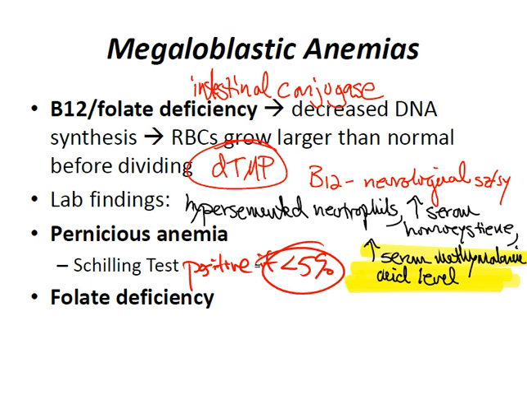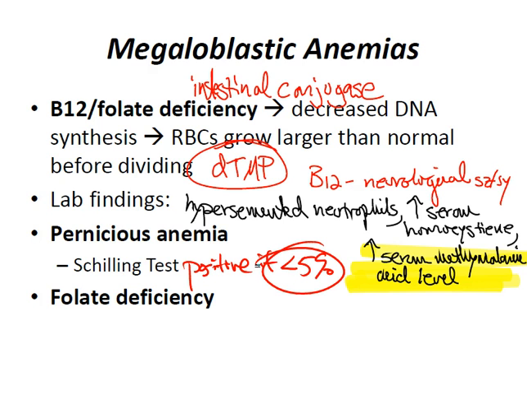Now the Schilling's test part 2, you perform if part 1 is positive. You give oral intrinsic factor plus labeled B12, followed by an intramuscular injection of non-labeled B12. If the urine B12 level increases, then it's pernicious anemia.